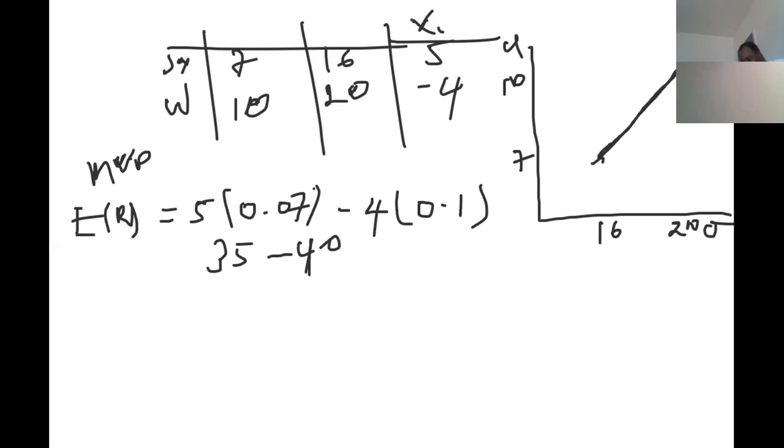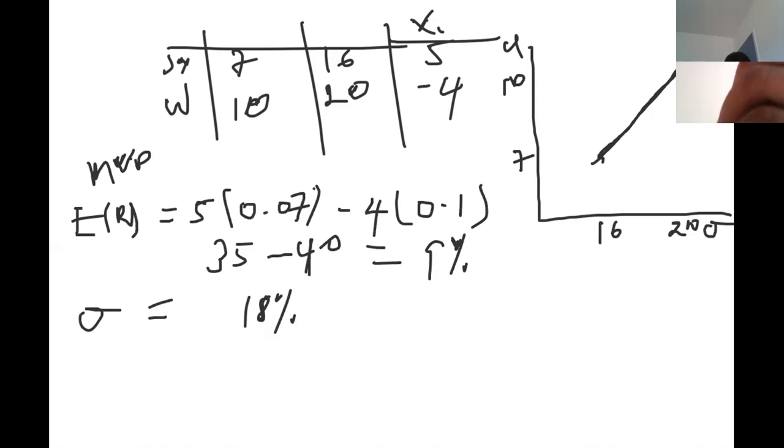So imagine after solving for this, let's say we would have gotten something like 9%. Then we solve for the standard deviation, and we get something like 18%. It's okay. Then I'll just come and plot this.